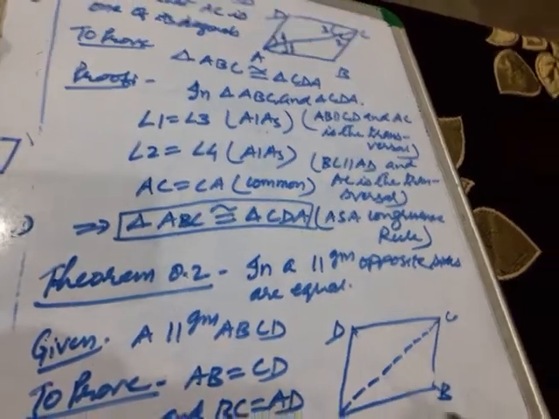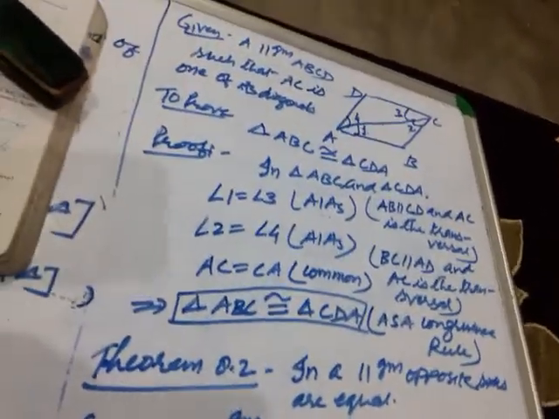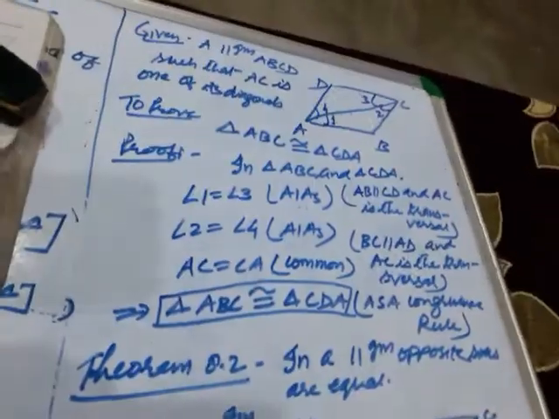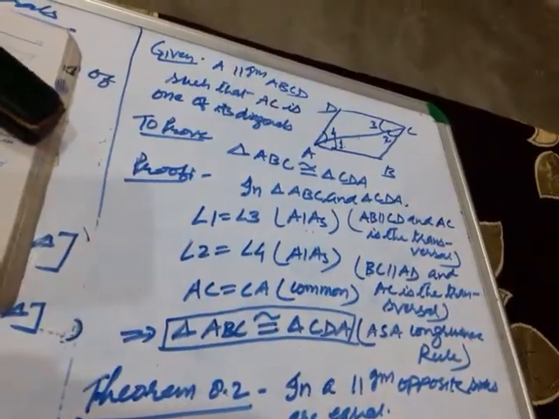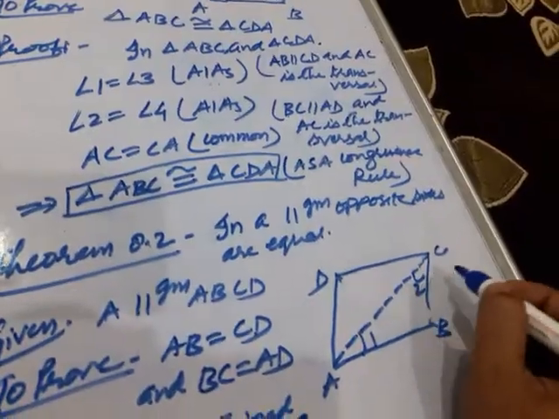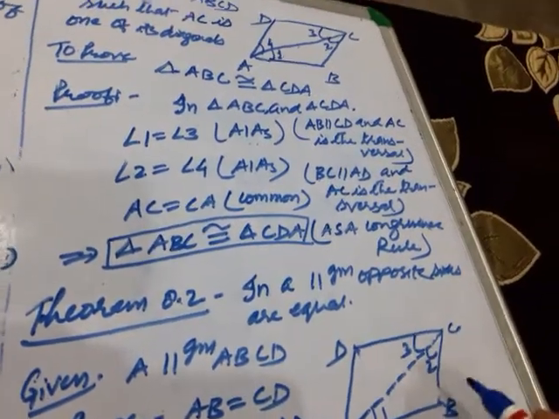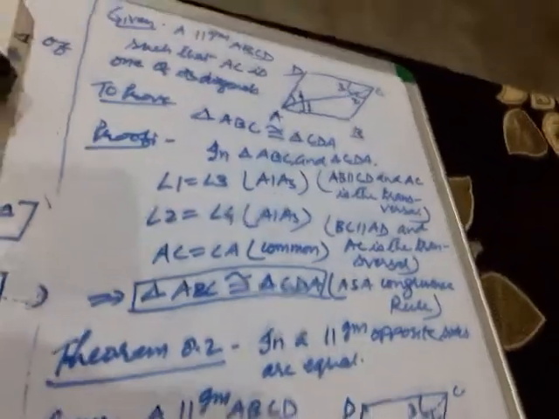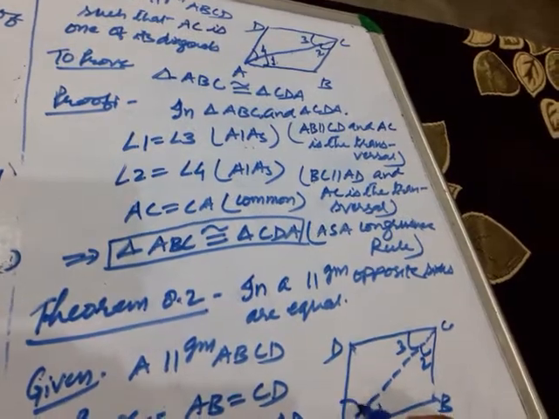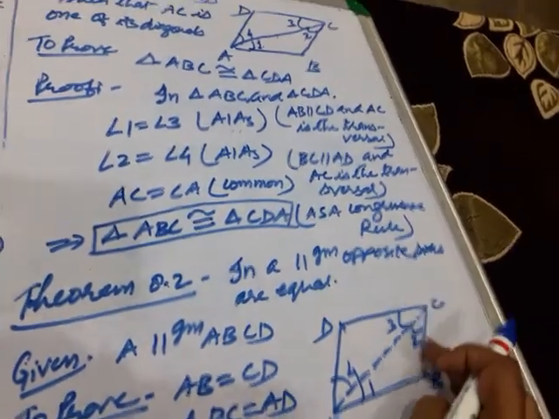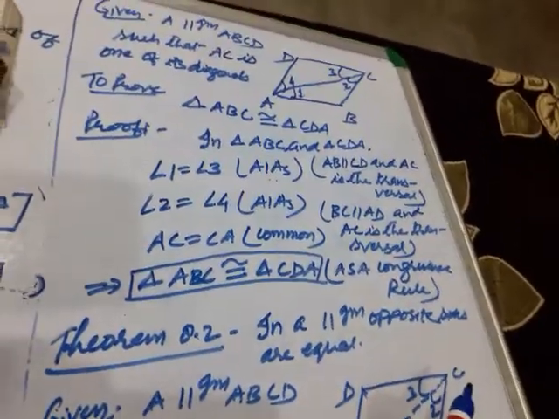Here, let us see the angles: this is angle 1, this is angle 2, this is angle 3, this is angle 4. Okay children, angle 1, angle 2, angle 3 and angle 4.